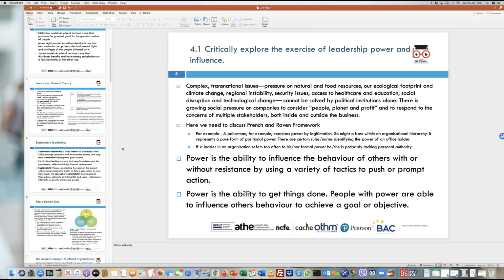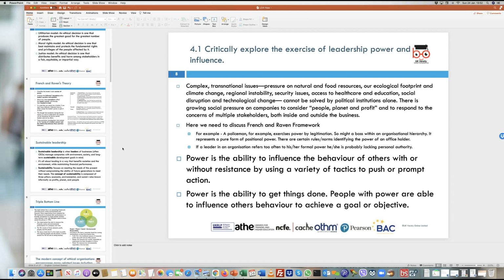And this power is exercised because of positional influence, and this is legitimized because the person is working in the police and is responsible for maintaining law and order, or traffic law and order as far as the roads are concerned.